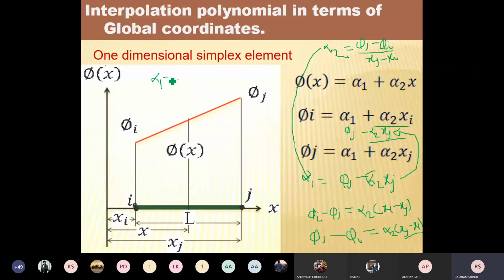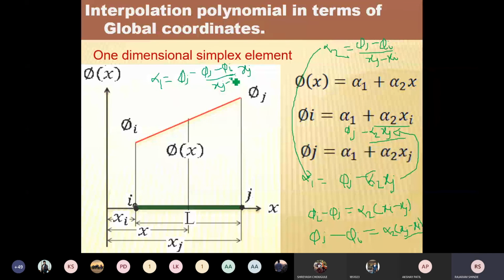When we put alpha 2 in this equation, we will get phi j minus alpha 2 xj, which is phi j minus phi j minus phi i divided by xj minus xi into xj.